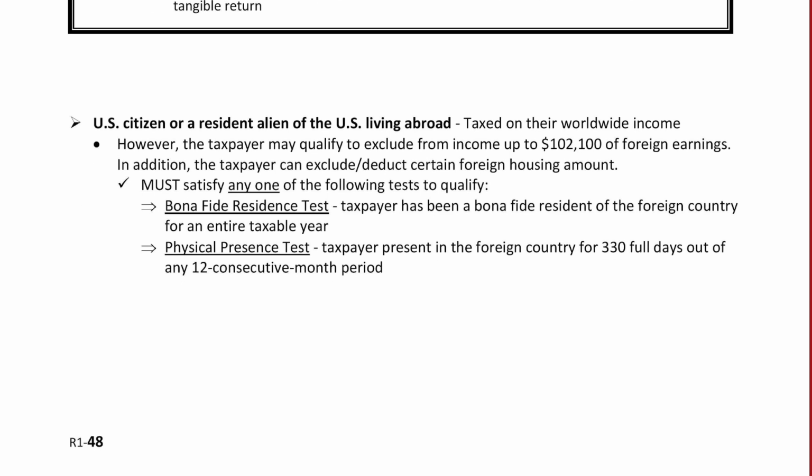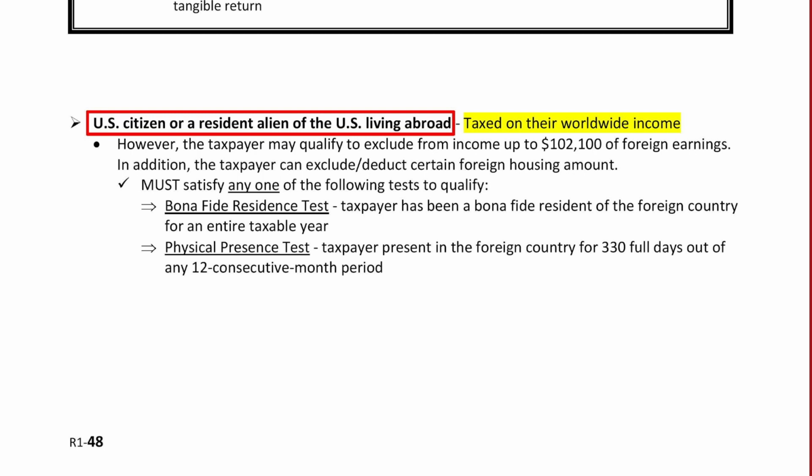Towards the bottom of the page, put a box around US citizen or a resident alien of the US living abroad. And all of them are taxed on their worldwide income. However, the taxpayer may qualify to exclude a certain amount of income of foreign earnings.